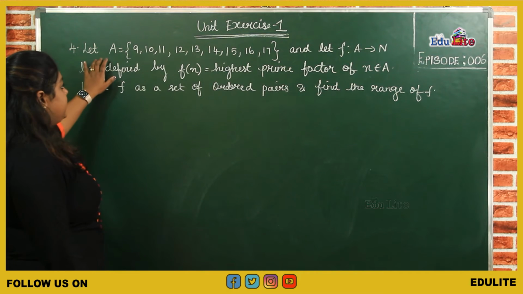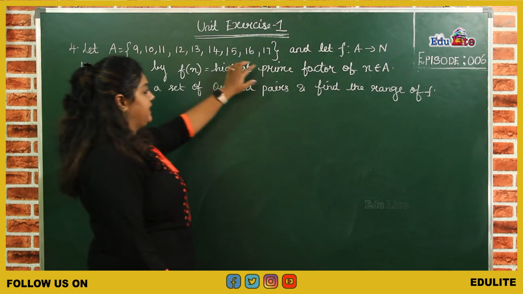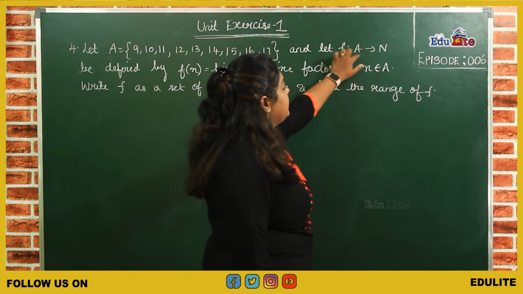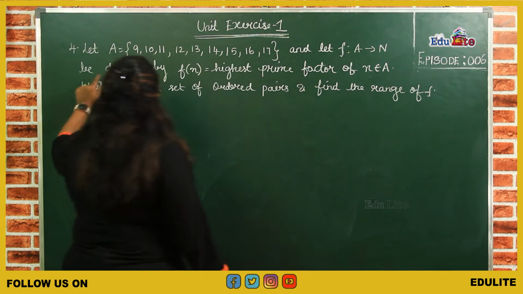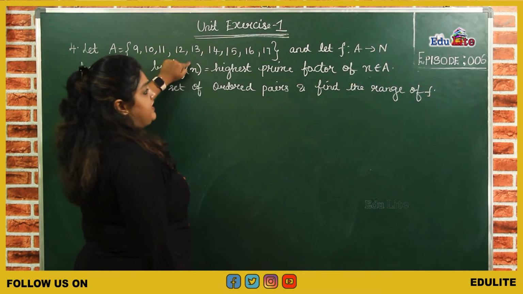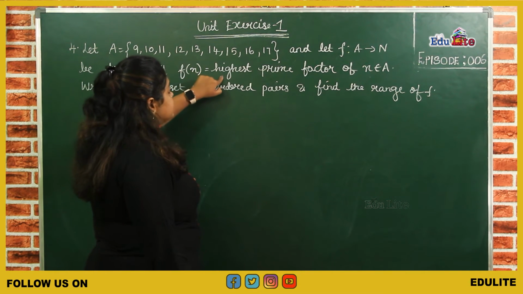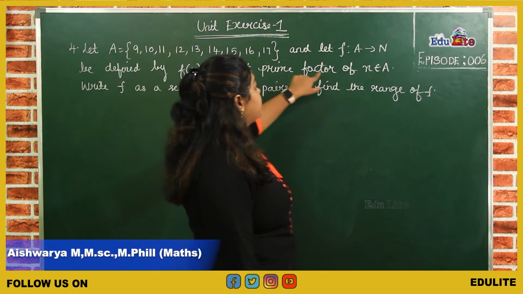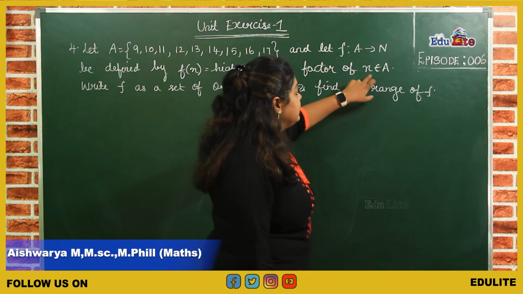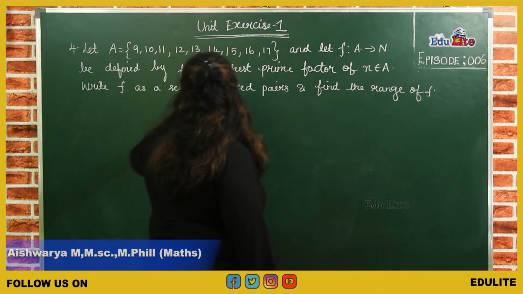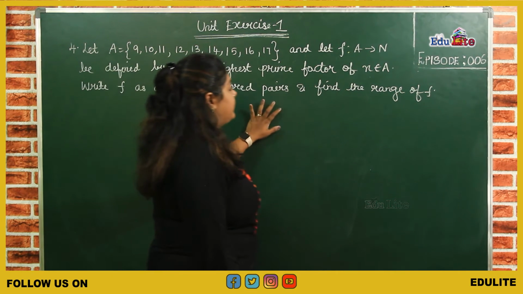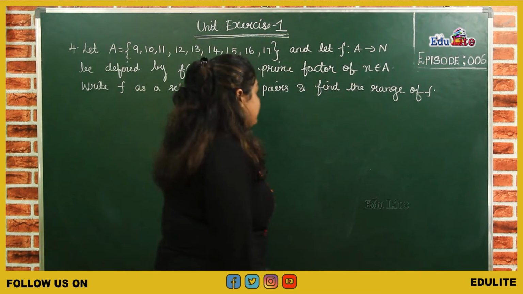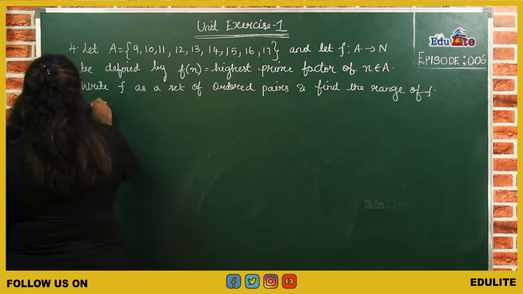Next question is, let A be the set of values given, and f is a mapping from N to the natural numbers, defined by f of n is given as the highest prime factor of n in A. Write f as a set of ordered pairs and find the range of f. Let us do this.